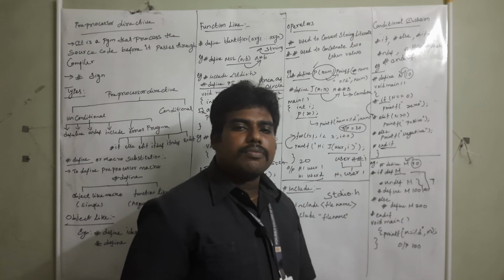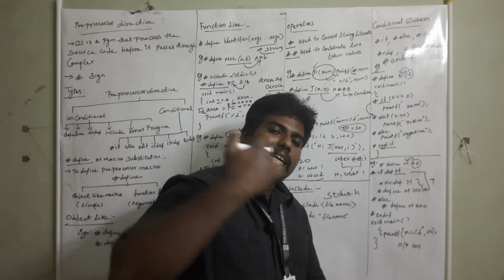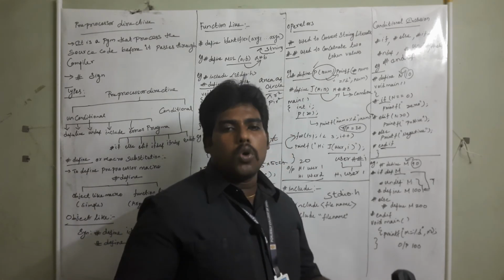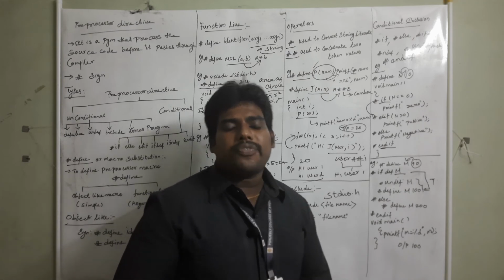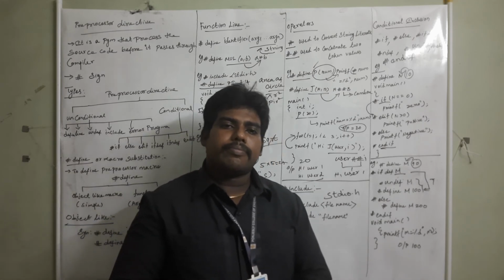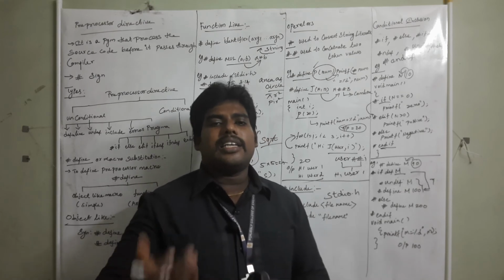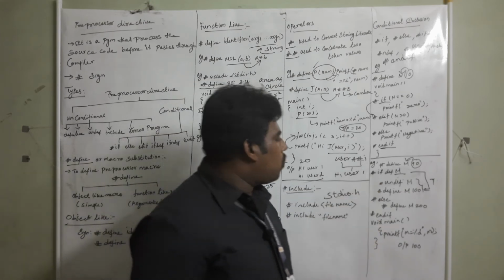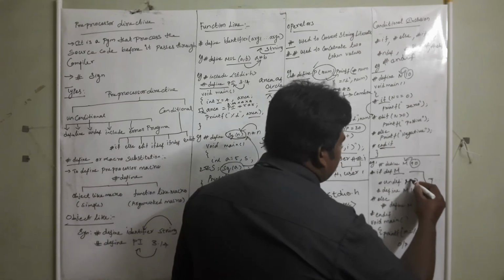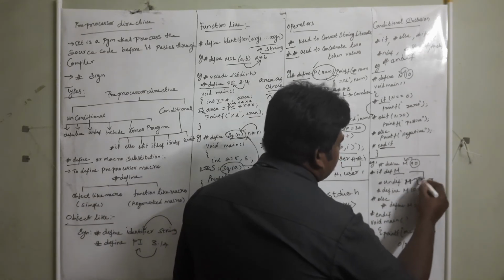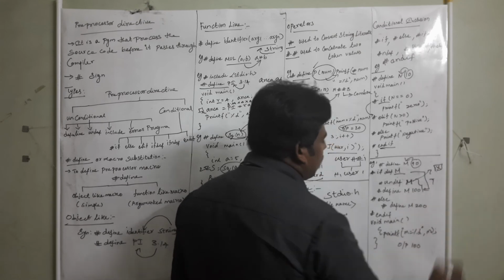What is undef? Whatever you already defined, it will be removed from m. Undef is used to remove the already defined identifier. So now the m is empty. Nothing is here, empty.